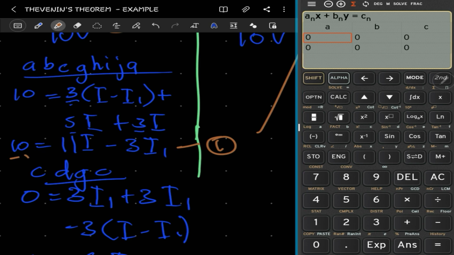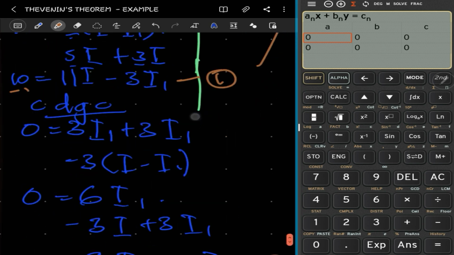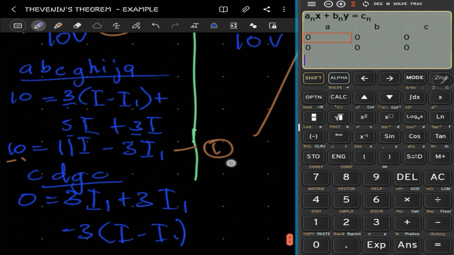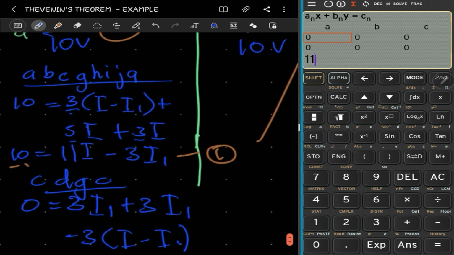We are making I to be x, and we are making I1 to be y. From equation 1, we have I to be 11, and then we have y to be minus 3, and then we have our constant to be 10.